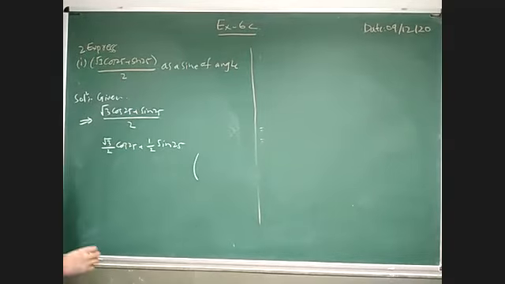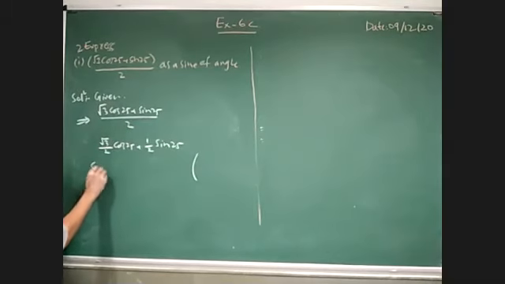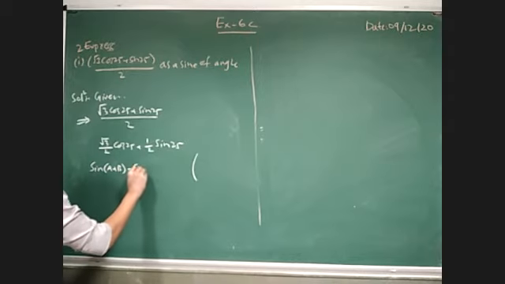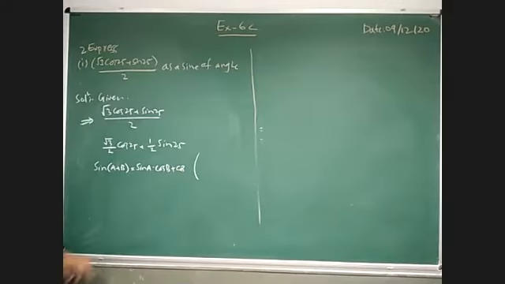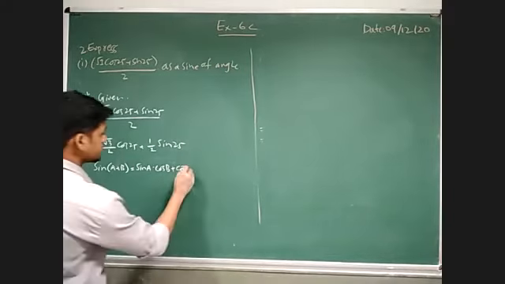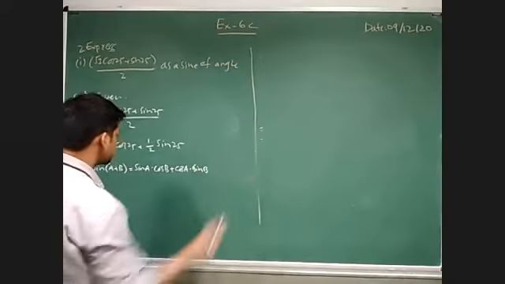I have to write it in sine form. So in sine form, I know the compound angle formula of sine a plus b. Sine a plus b is nothing but sine a cos b plus cos a sine b. This is the formula.